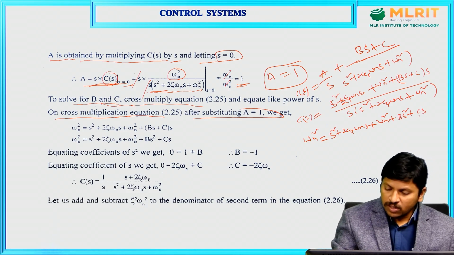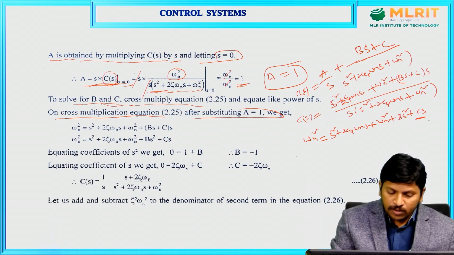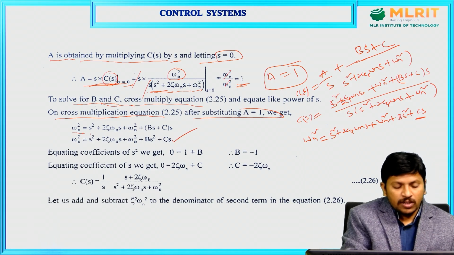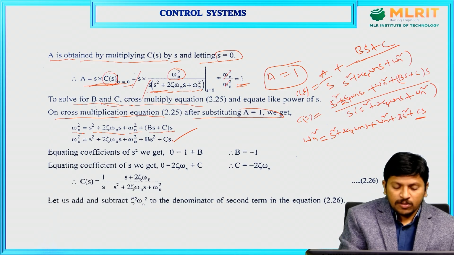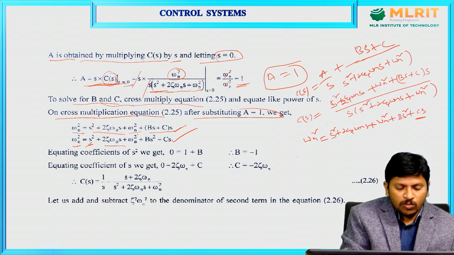Observe that ωn² equals s² + 2ζωn s + ωn² plus (bs + c) times s.